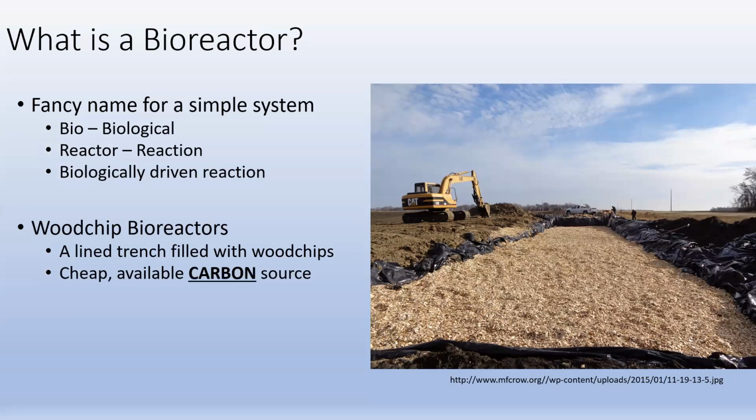And these wood chips are a cheap, available carbon source. So we're not using wood chips just because we want to use wood chips. We're using it because it's a carbon source that is available and it's fairly inexpensive. And we can find that pretty much anywhere. So it's cheap and it's available.